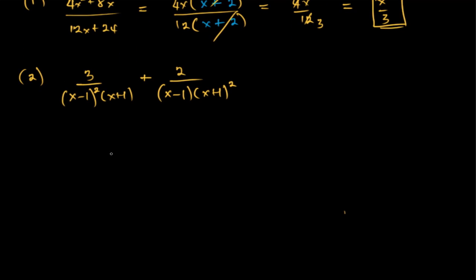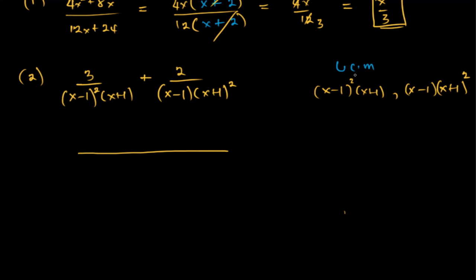To start simplifying this, the very first thing you want to do is find the LCM of (x minus 1) squared times (x plus 1) and (x minus 1) times (x plus 1) all squared. So we want to find the LCM of this.